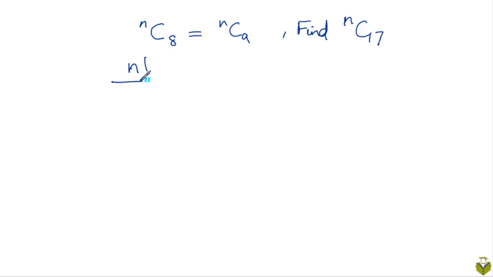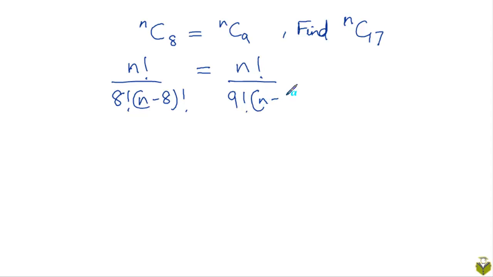It's just N factorial divided by 8 factorial divided by N minus 8 factorial, right? So just keep on applying the formula and you'll get better at it. And then NC9 is N factorial divided by 9 factorial divided by N minus 9 factorial, right? So N factorial here can cancel, and then we have 8 factorial and 9 factorial, which will leave us with 9. So this is something which we have done in factorial notation.